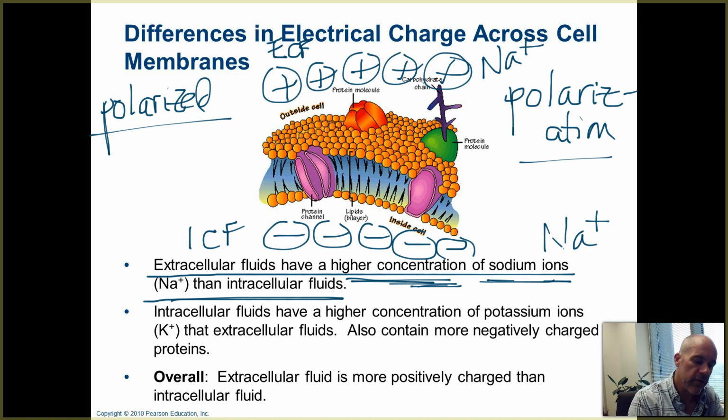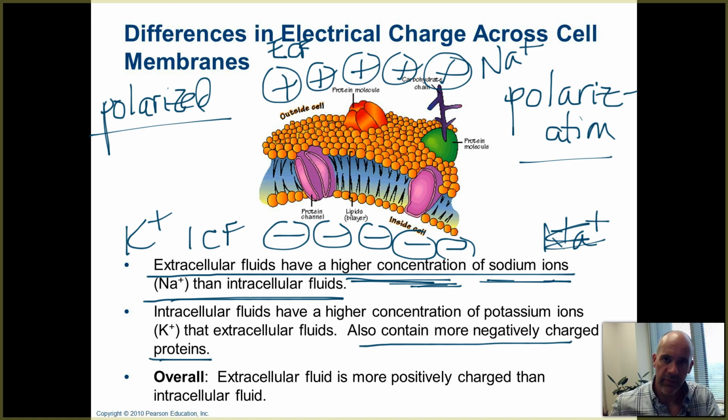On the other hand, your intracellular fluids tend to have a greater concentration of potassium ions, abbreviated with a K. All right, so I know both of those are positively charged. Potassium ions are not the only kind of ions that you have in your intracellular fluids. There are other negatively charged substances inside the cell, including a lot of proteins that have an overall negative charge.